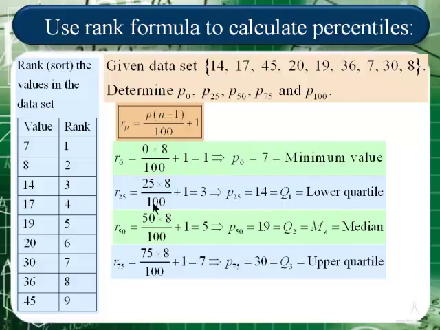The fourth one is the rank of percentile 75. Again, if we use the formula, it's 75 times 8 over 100. If you simplify this, you get 7. So therefore, the rank of percentile 75 is 7, and therefore percentile 75 is 30. Now, percentile 75 is also an important percentile. It's indicated by Q3, known as the upper quartile.